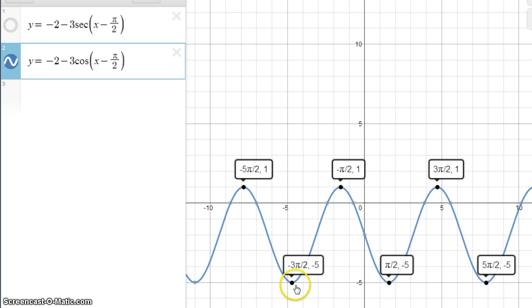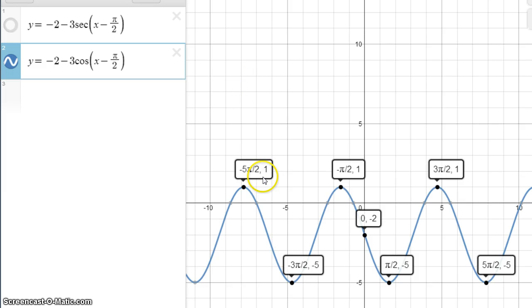We see that the period here goes from negative pi over 2 to 5 pi over 2. So the period here is just 2 pi, just shifted a little bit.